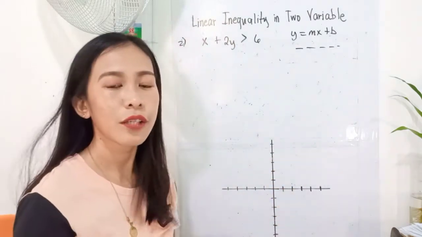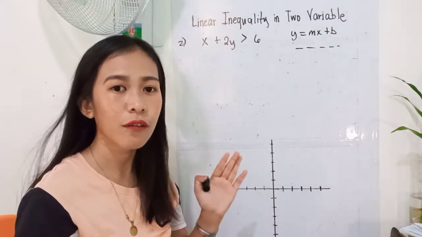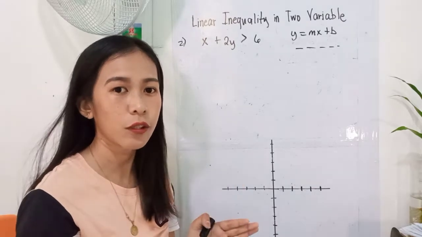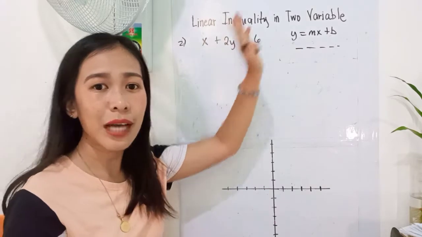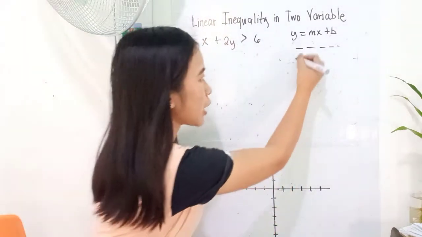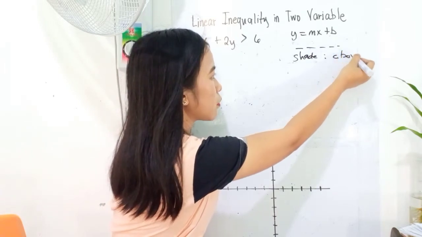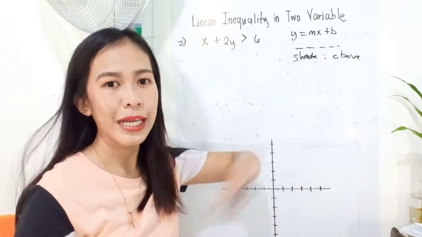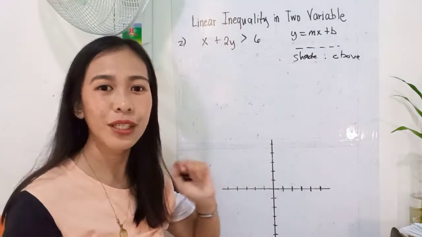Kasi pagka greater than or less than, broken line yon. Kapag greater than or equal or less than or equal, solid line yon. Okay? So, ito ay broken line. And then, since ito ay greater than, therefore, ang ating shade ay shade above the broken line. Okay? So, meron na kayong pagsisimulan ng pagdo-drawing later.